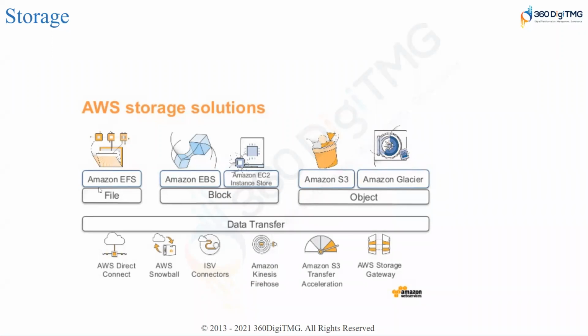Now, EFS, Elastic File Storage solution, this kind of file storage is especially helpful for organizations. Some applications need to access shared files and they require a file system. This type of storage solution is called NAS, Network Attached Storage.